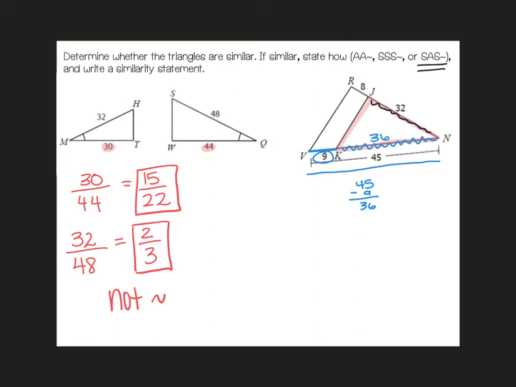If you look at the larger of the two triangles, I'm going to highlight it in green. You know that the bottom side is 45, but you don't have the entire top side labeled here. But you have this piece that's 8, and then this piece that's 32. So if you wanted the whole thing, we'd add those together and get 40.